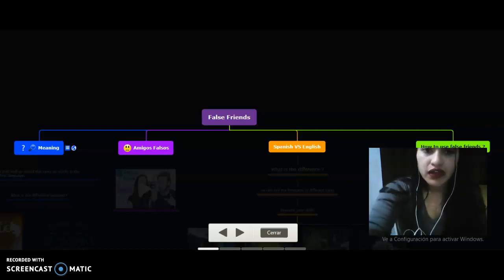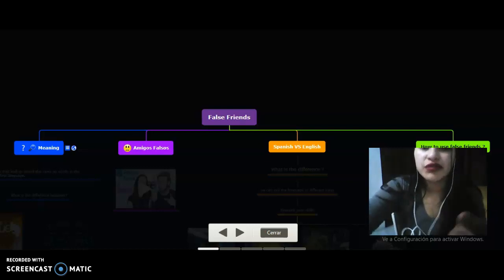Okay, first, to introduce the activity, I'm going to talk about the previous knowledge of the false friends. My learners have a workbook to familiarize themselves with the topic, with some activities that can help them understand how false friends are used.